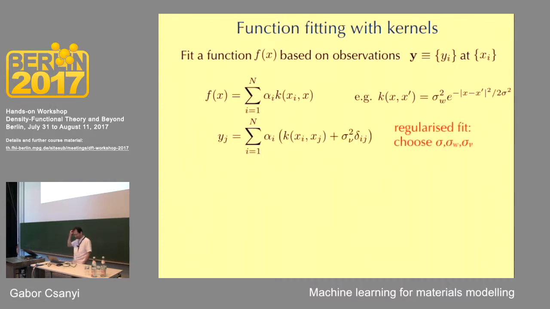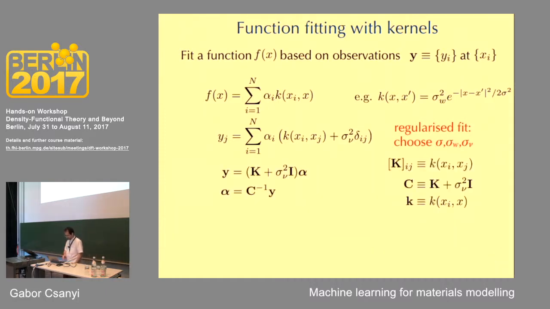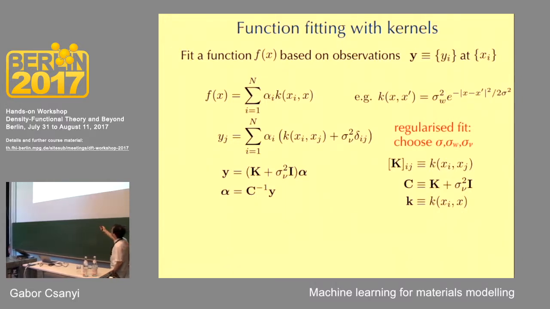The matrix in this linear system is very often very ill-conditioned, so we find ourselves adding a diagonal to the matrix. This is the matrix form. So the vector y contains all my data. The matrix K is what we're going to call the kernel function, but it's really the evaluation of this basis function at all pairs of data points.